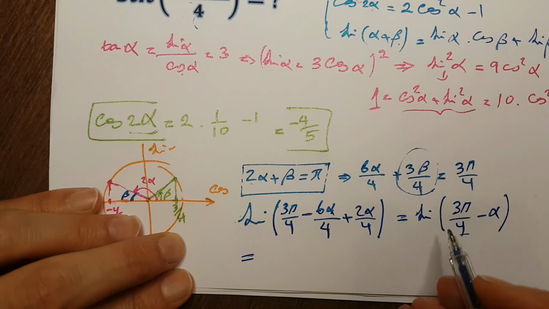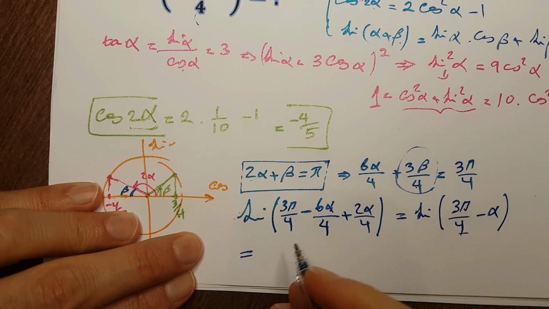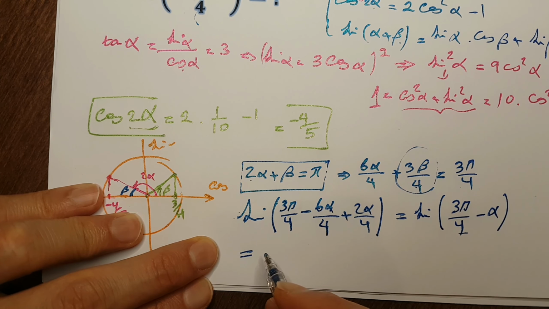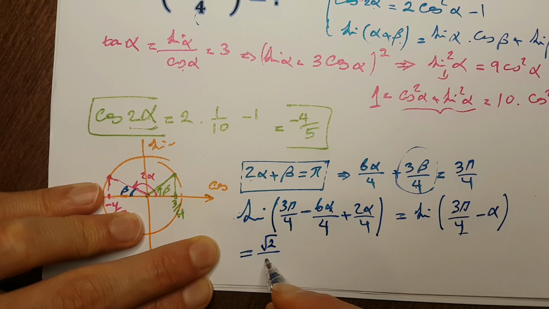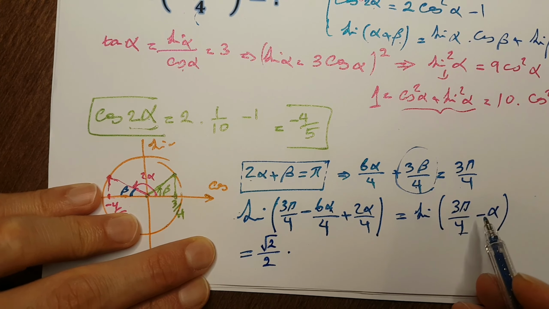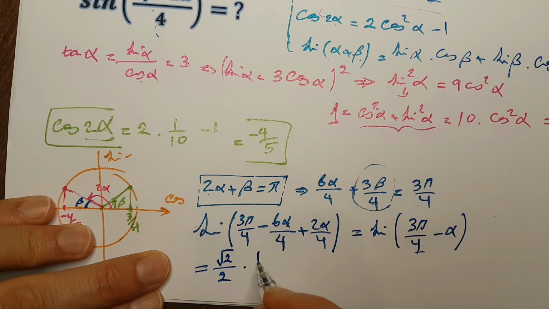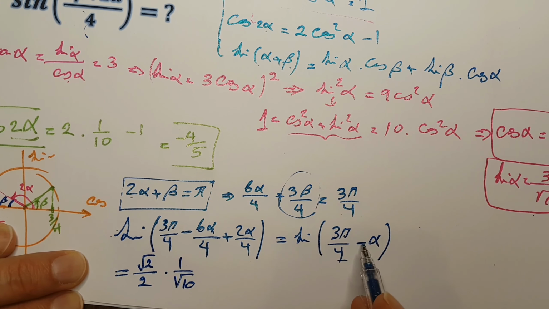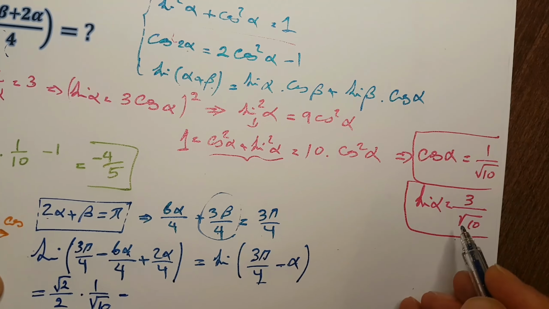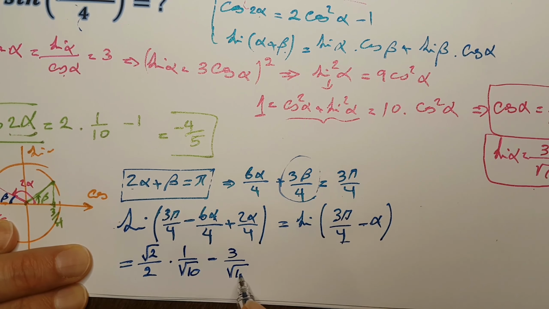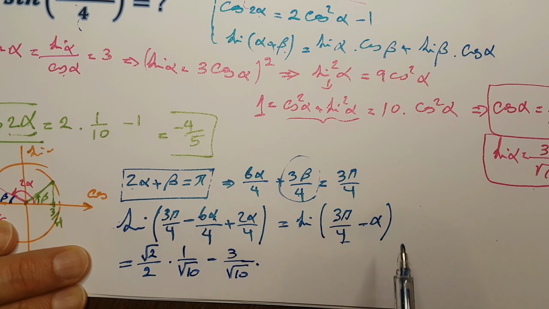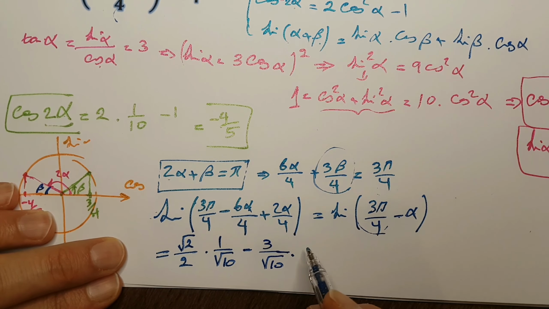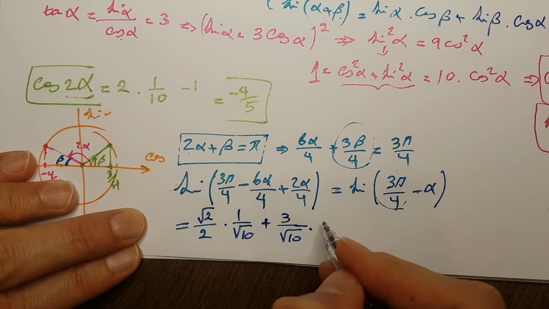That will be equal to sine of 3 pi over 4, which is going to be square root of 2 over 2, times cosine of minus alpha, which is cosine of alpha, which is 1 over square root of 10, plus sine of the second angle, or sine of minus alpha, which will be minus sine of alpha, which is 3 over square root of 10, times cosine of the first angle, or cosine of 3 pi over 4, which is going to be minus square root of 2 over 2.